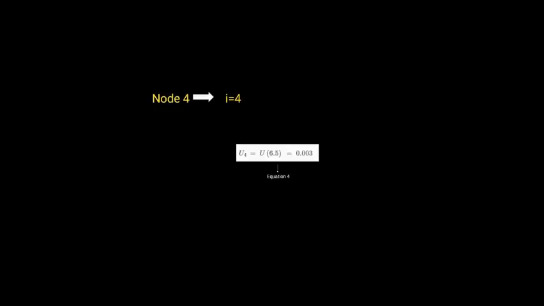And next is node 4. In node 4, we have i equal to 4. In node 4, the equation is u sub 4 equals u of 6.5 equals 0.003, and this serves as our fourth equation.